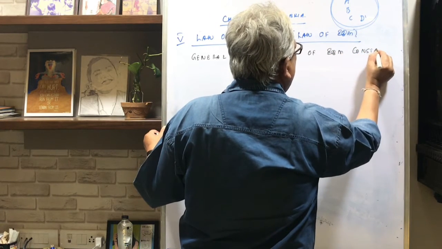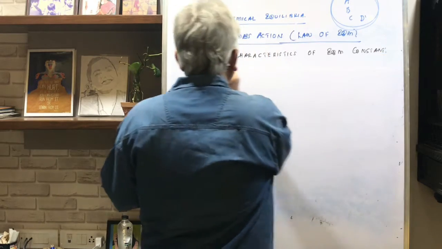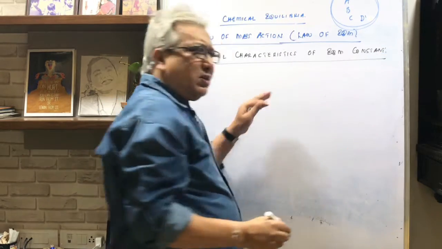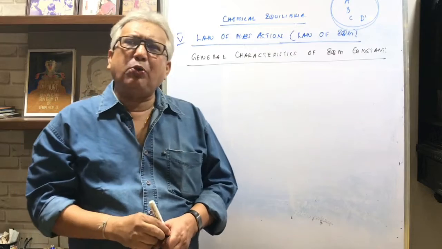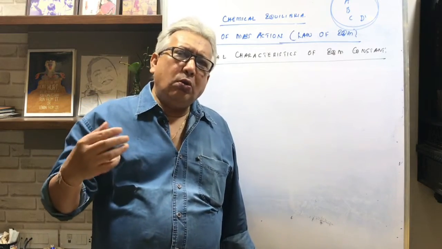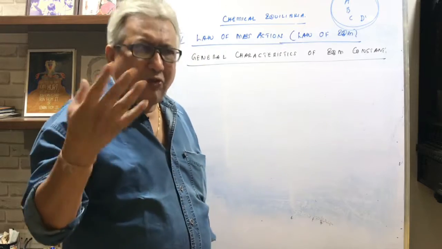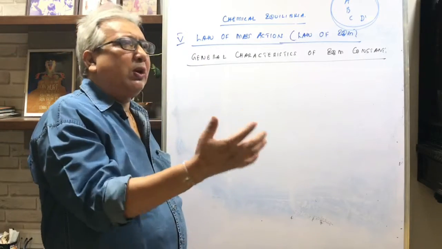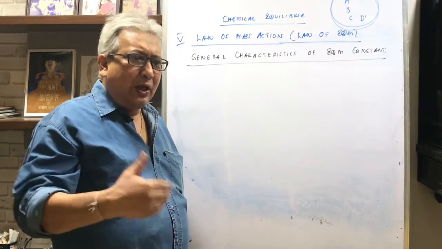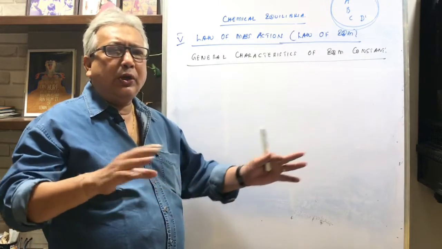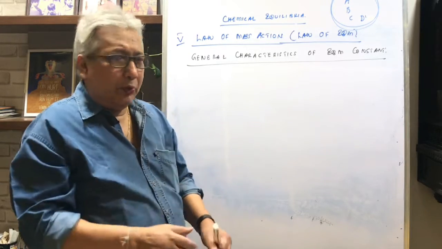In fact, whatever you have discussed so far, if you think about them properly, you will be able to write the general characteristics on your own. All right. So I will first just tell you what are the general characteristics, and then I'll read out from my notes so that you can make your notes in a proper way.